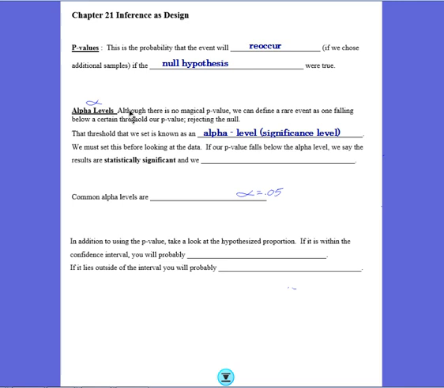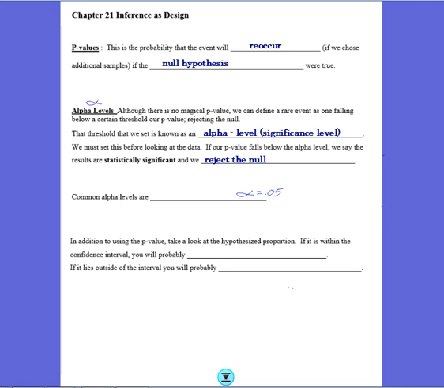If my alpha level is going to be 5%, then if any p-value comes along that's less than 5%, you reject the null. Sometimes that alpha level is referred to as a significance level. Again, we have to set that value before you collect any data. So if you ever run your own tests, the alpha level needs to be set beforehand, not after the fact.